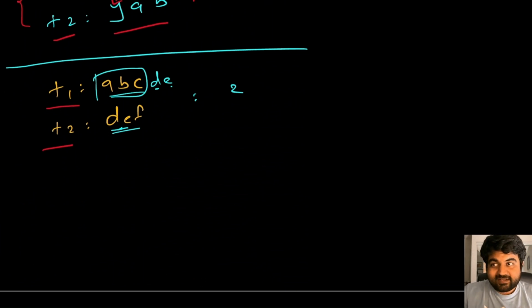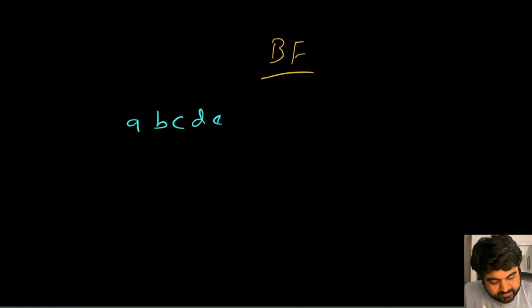Now let's understand the brute force approach to solve this problem. The logic is quite straightforward. Let's say we are given two strings in this fashion. We can go through every possible combination of one string and try to match it with the other string.